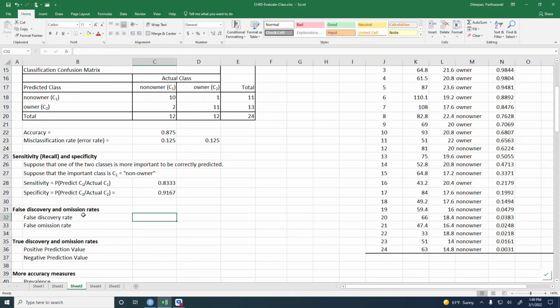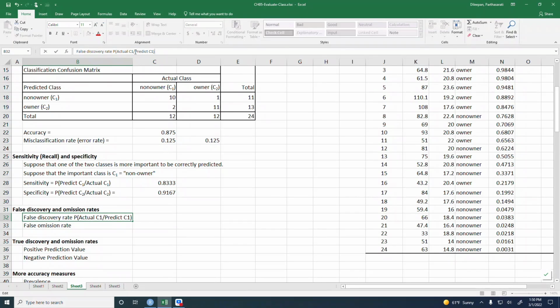So, now this is not filled out. So, this will be false discovery rate is probability of actual C sub 1 given we predict C sub 1.